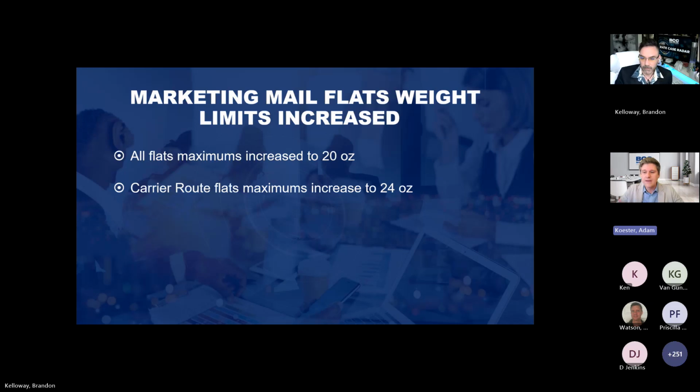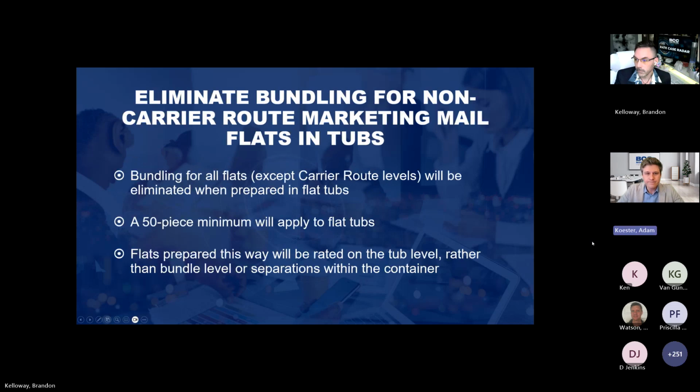And so they've kept this around in a way to encourage the movement of those pieces out of bound printed matter if they apply for the marketing mail requirements, but also give a little bit of a rate incentive and cover the complete costs or the complete use case of what BPM flats cover today. BPM's not going away. The PRC ruled against that, but it still does encourage some of that mail to move around to where the post office is looking to put it.